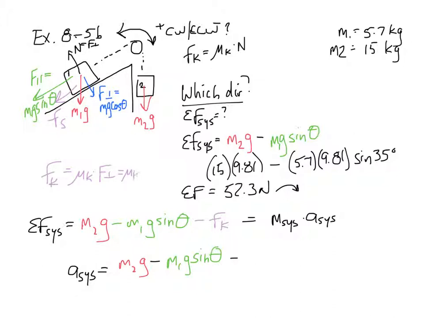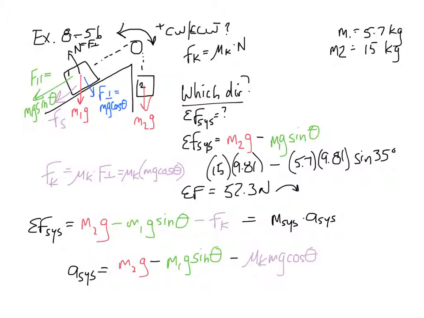That's mu k times mg cosine theta. So that's what we're going to put right in here. That's that kinetic friction force, mu times the force perpendicular, so let's go ahead and write that in. Oh sorry, I forgot the mu k times mg cosine of theta.